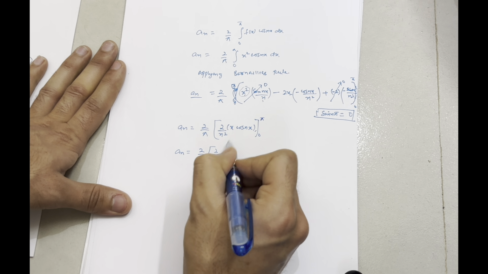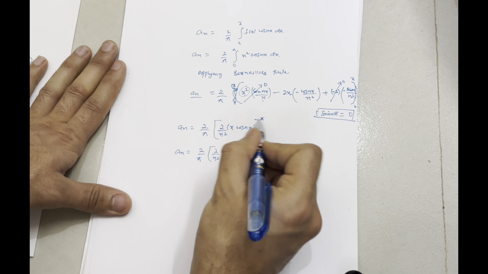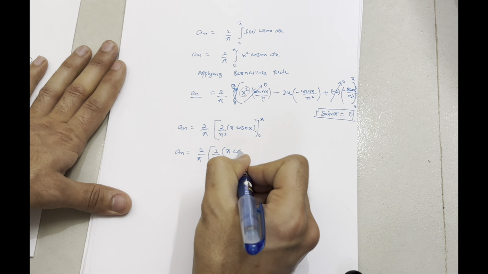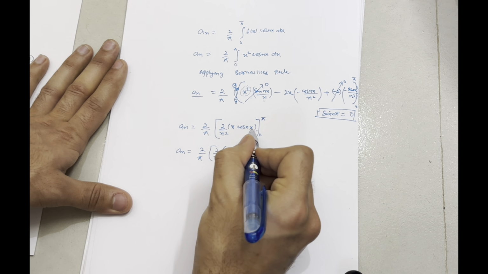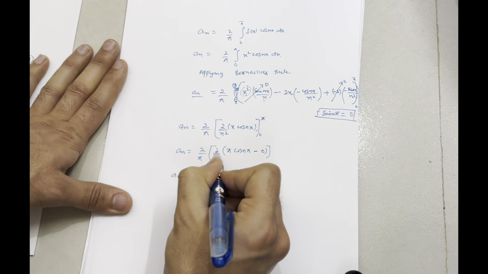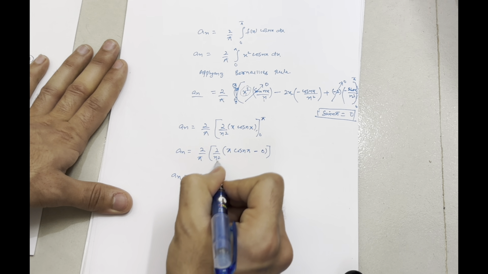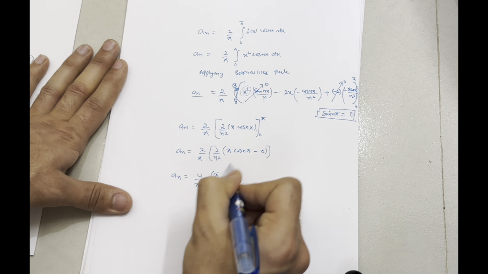Now apply the upper limit and lower limit. Pi is the upper limit, so instead of x you take pi, so pi cos of n pi, minus the lower limit 0, so 0 multiplied by this you get 0. Now an is equal to 2 twos are 4, and pi into n square is pi n square, multiplied by pi cos of n pi.